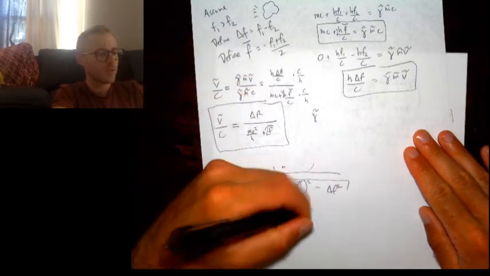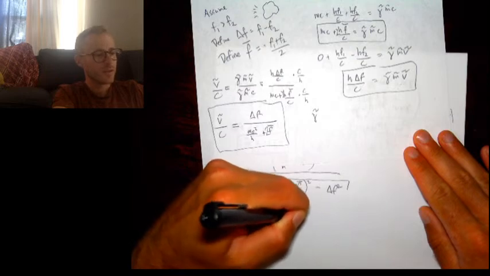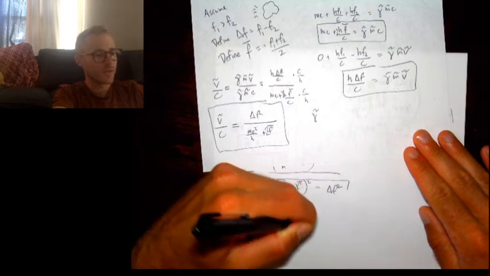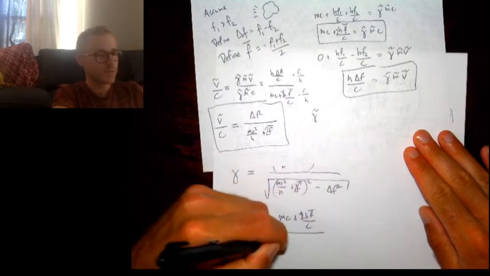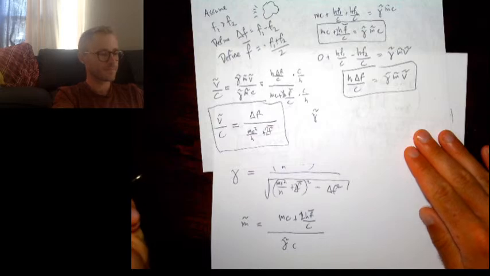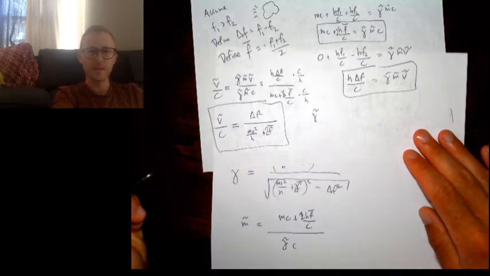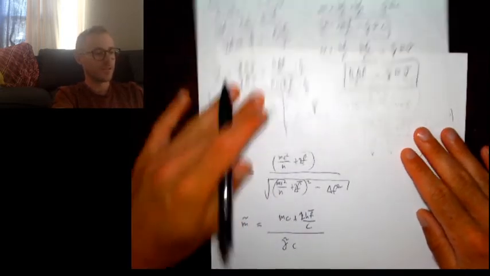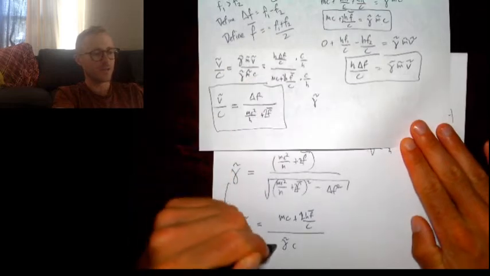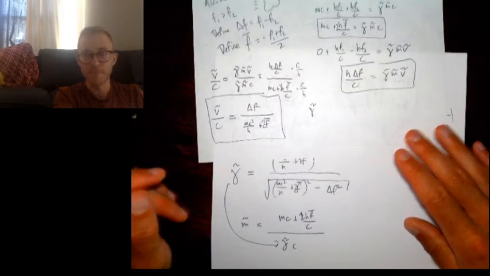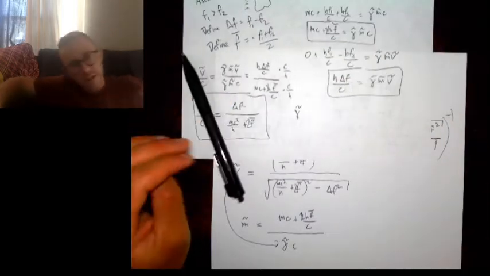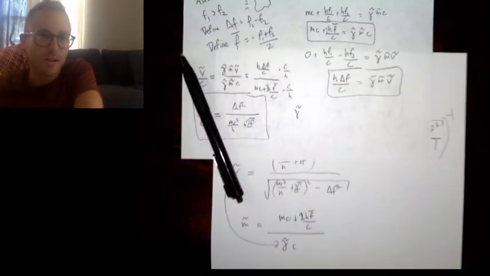So I have mc plus 2 H F bar over c, over gamma squiggle c. All right, and then I just plug in that formula for gamma squiggle, and I have my answer for the mass of the particle. Okay, so that's not very enlightening.